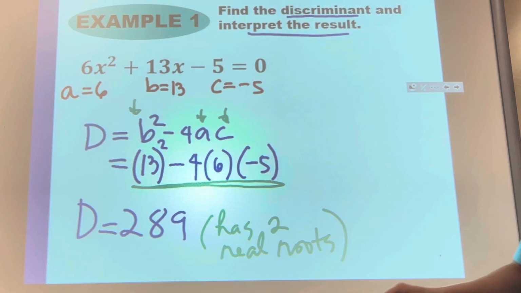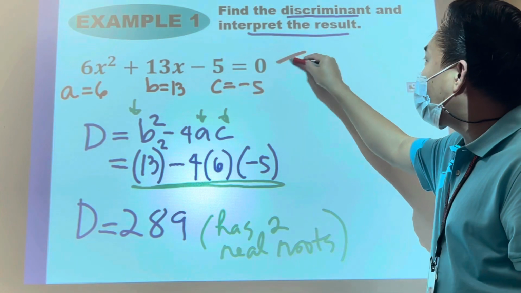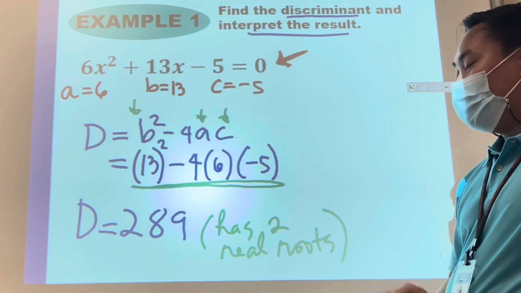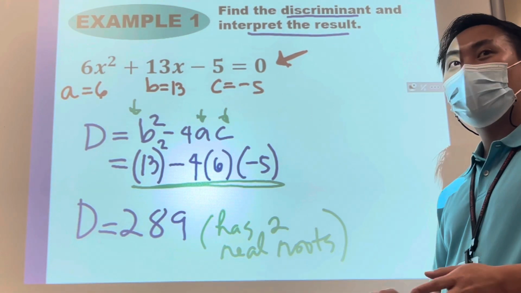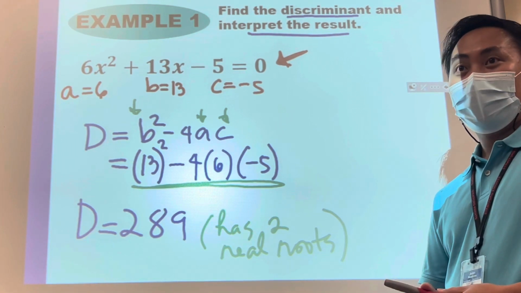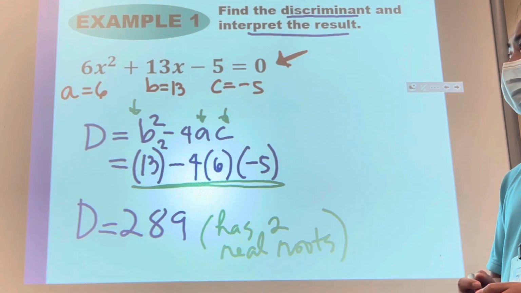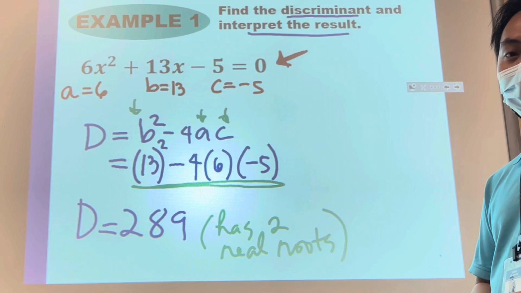What does this mean? It means if you use the quadratic formula here, you will get 2 answers at the end, and they have no letter i. It has 2 answers that are real numbers.